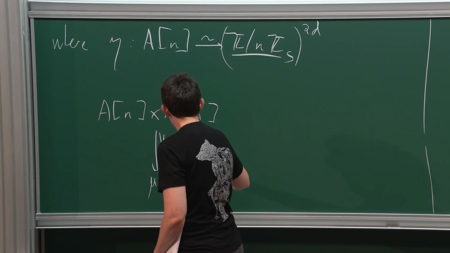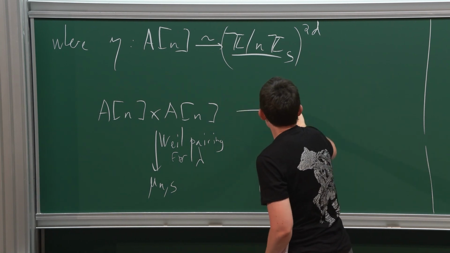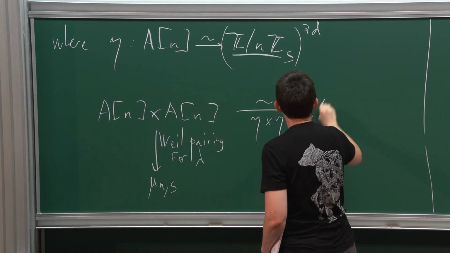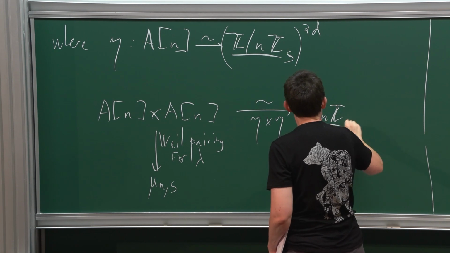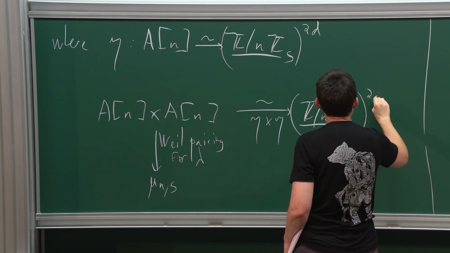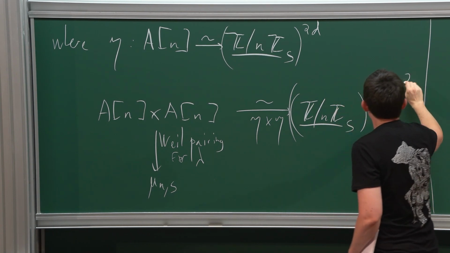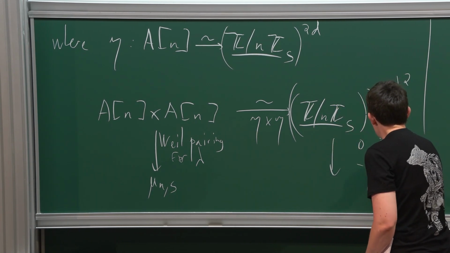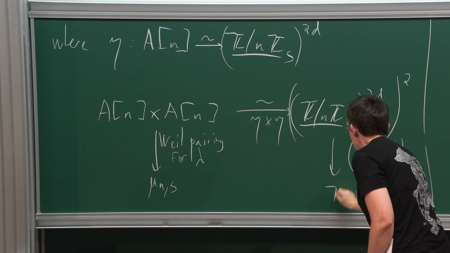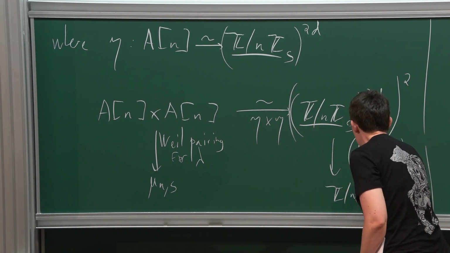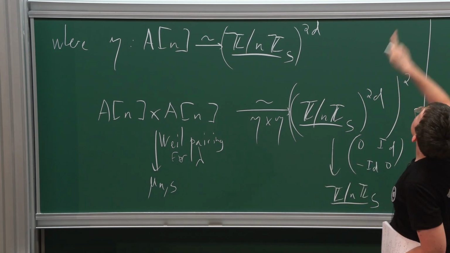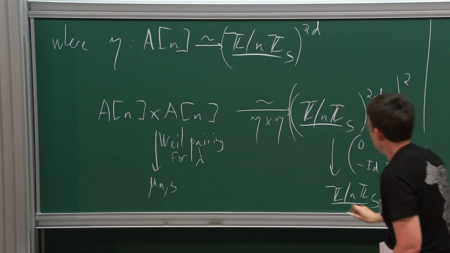Here I have the symplectic pairing that I've been using, which lands in Z over nZ. If I want to compare the two, I need an isomorphism between these two group schemes. That is the second part of the level structure, the phi.